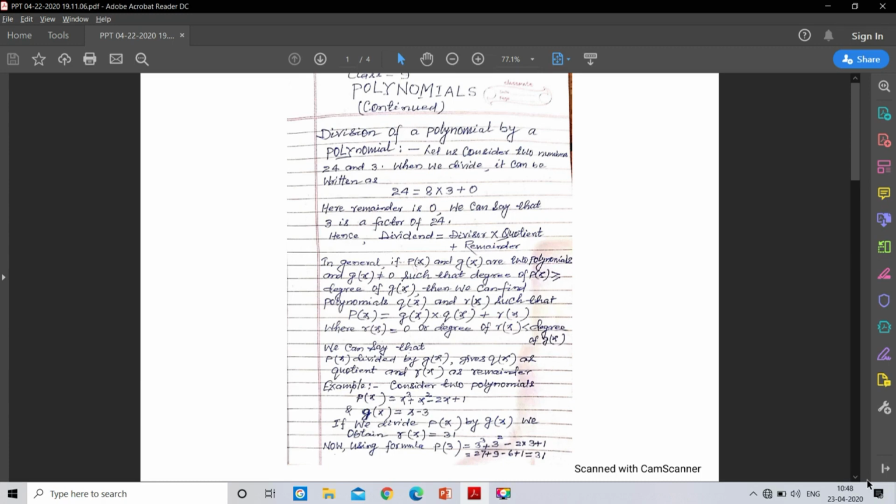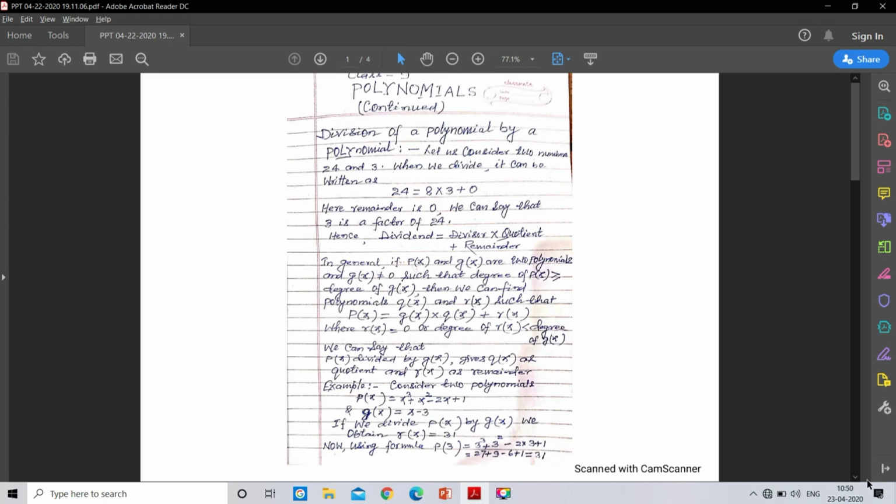In general, if p(x) and g(x) are two polynomials and g(x) is not equal to 0, such that the degree of p(x) is greater than or equal to the degree of g(x), then we can find polynomials q(x) and r(x) such that p(x) is equal to g(x) into q(x) plus r(x), where r(x) is equal to 0 or the degree of r(x) is less than the degree of g(x).